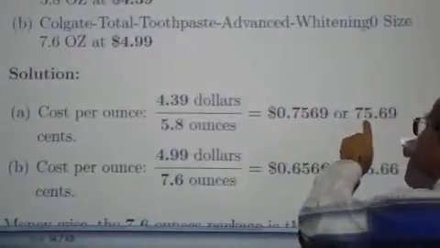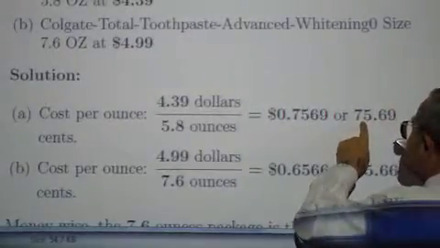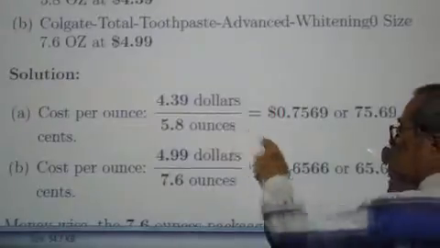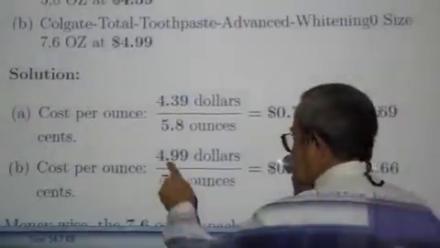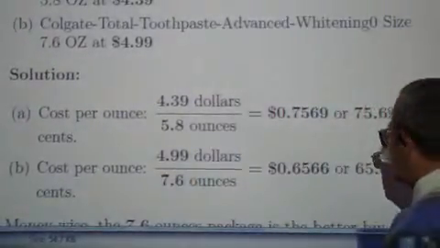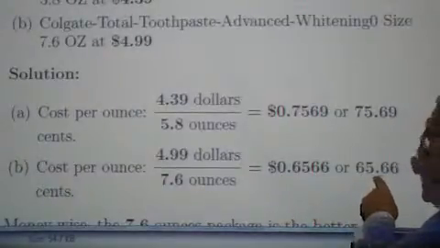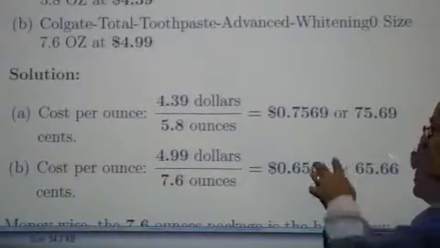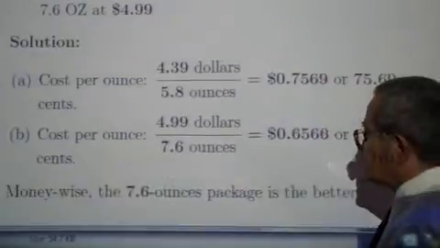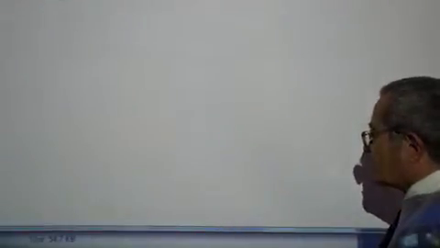You get about 75 cents, almost 76 cents per ounce here. And you divide 7.6 into 4.99, you get about 65 or 66 cents here. Which is cheaper? This one, the 7.6 ounces. Hey, and we're done with that one.